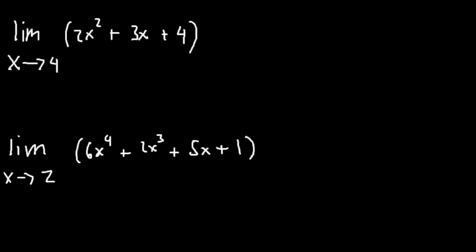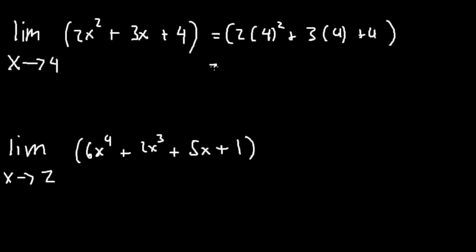Now, let us start to solve the limit of the function 2x squared plus 3x plus 4 as x approaches 4. Now, we just substitute, katulad ng process natin kanina, we just substitute the value that our variable is approaching to the function. So, it's gonna be 2 times 4 raised to 2 plus 3 times 4 plus 4.